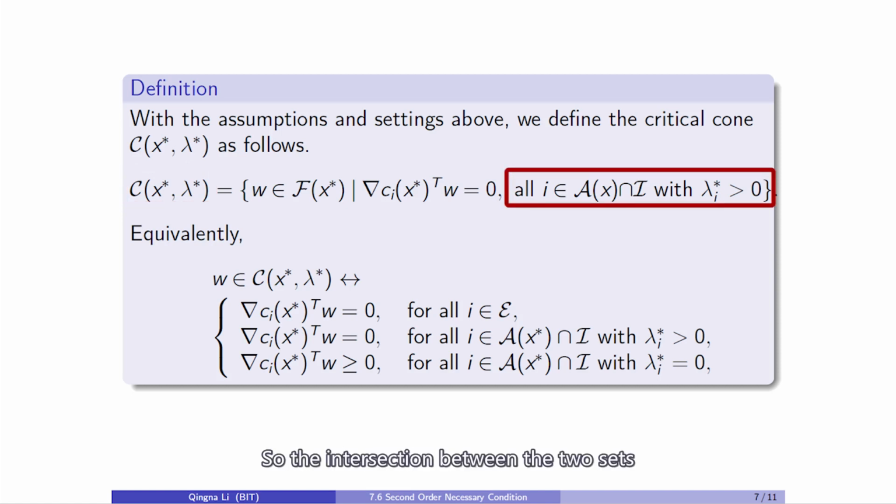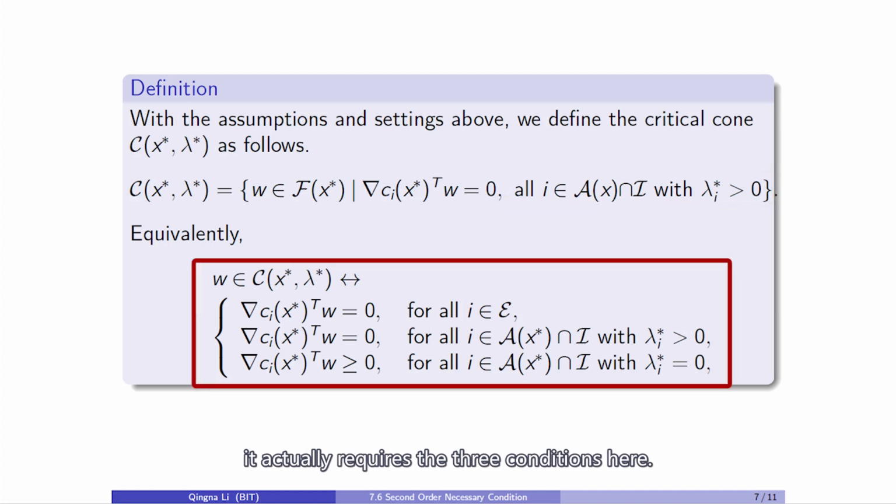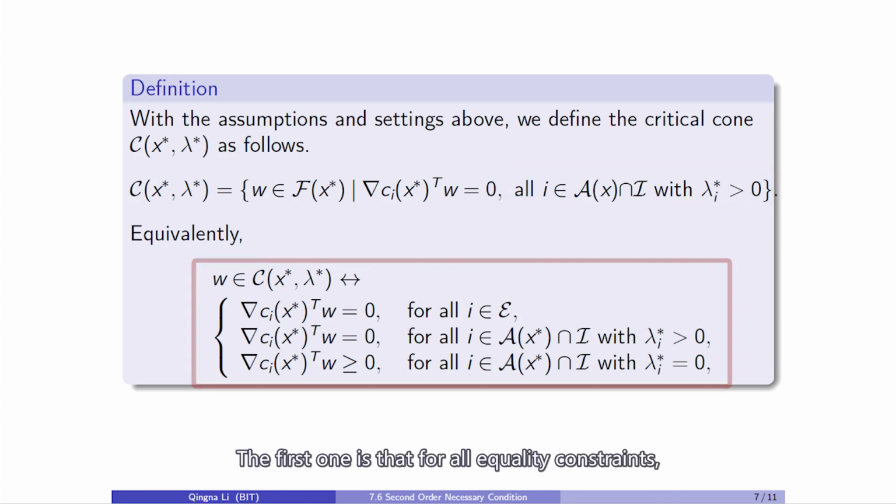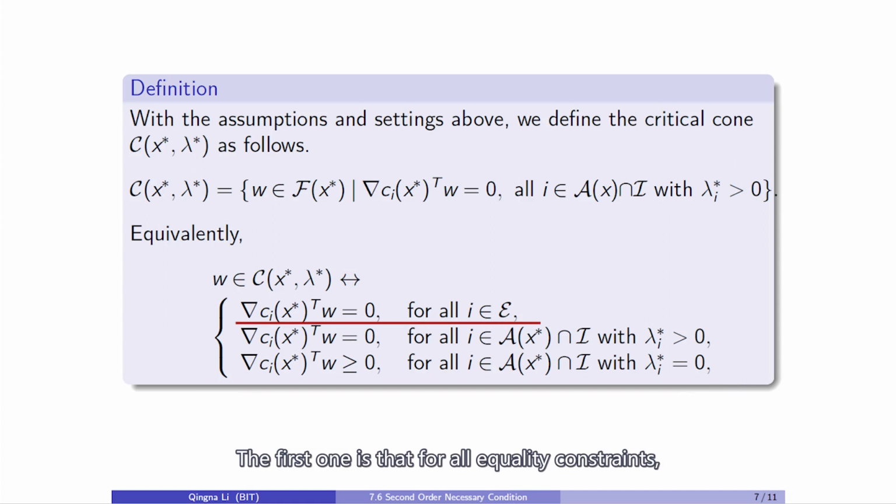The intersection between the two sets makes up the critical cone. In other words, the critical cone requires three conditions. The first one is that for all equality constraints, the direction should be orthogonal to the gradient.